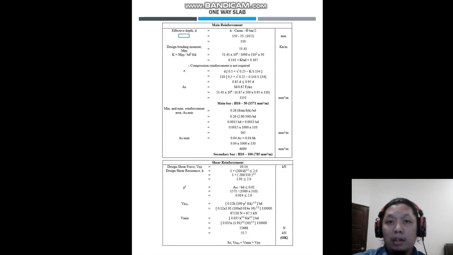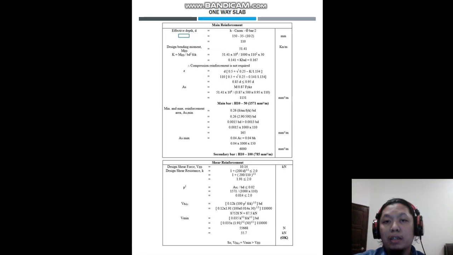And we're going to the Z and also AS, and the main bar that we get is H10 at 50 and in bracket 1571 millimeter square per meter. And for the minimum and the maximum reinforcement area, which is the AS min, we get from this formula.